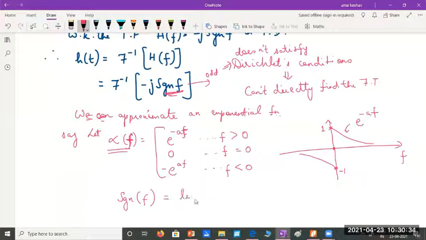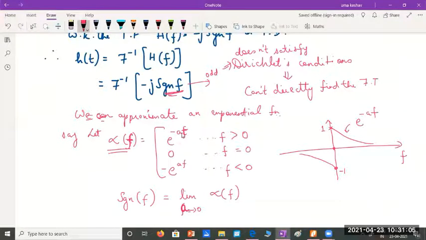So what should I do? I should use the limits. I can't make the frequency 0 because frequency is the variable, so I'll take the other value a. Limit a tending to 0, alpha of f will be the signum function.